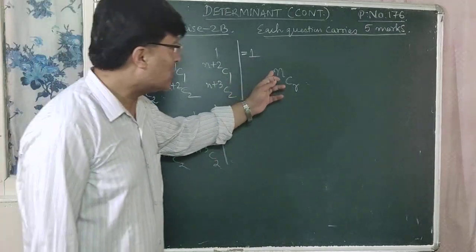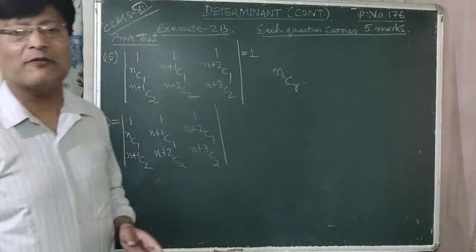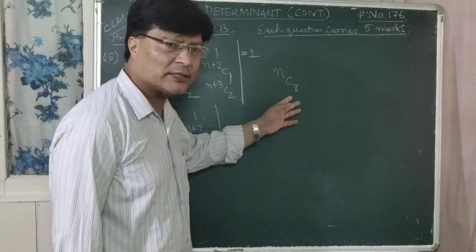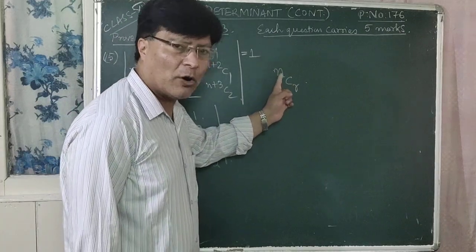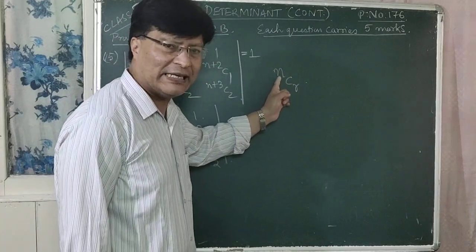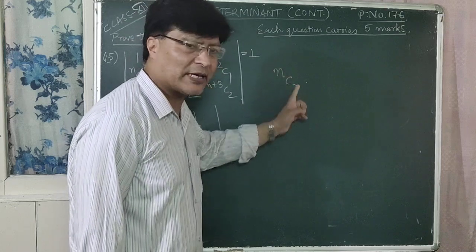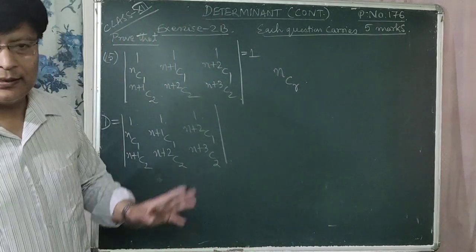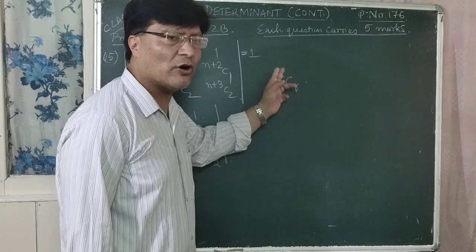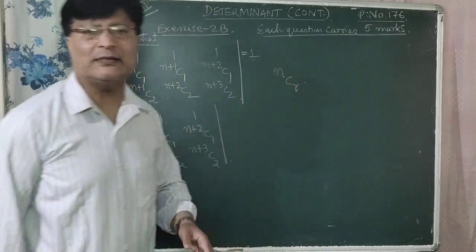So what is the formula for NCR? There was a formula for NCR. So its meaning is, in how many ways can you arrange these n things taken r at a time? Okay, this means the arrangement of n things taking r at a time.